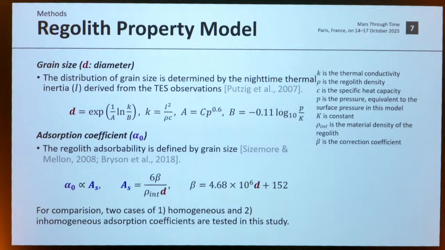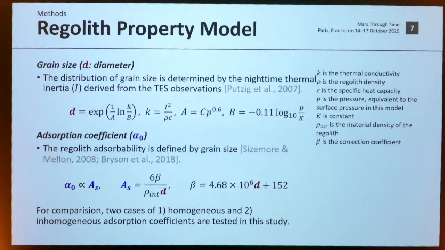However, areas with low thermal inertia clearly show very fine grains, less than 5 microns. On the right, the adsorption coefficient typically ranges from 5 to 8 kilograms per cubic meter in most regions. But as you can see, it increases to around 170 kilograms per cubic meter in regions of small grain size, like 5 microns.